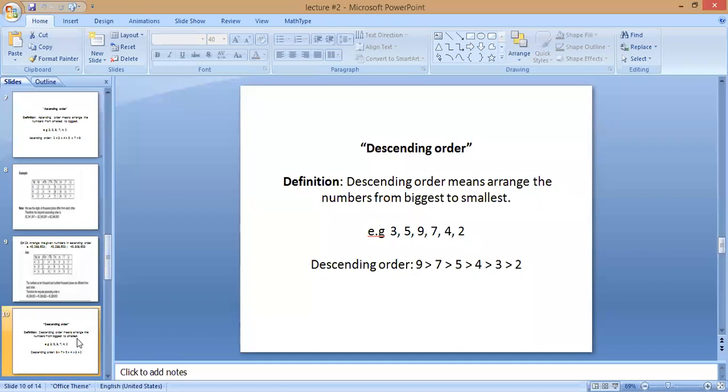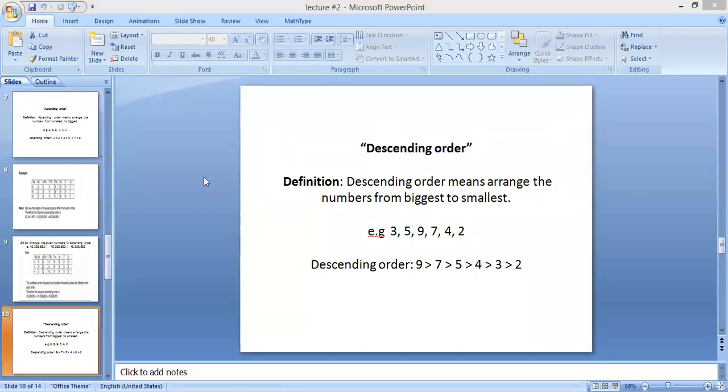Yes, definition of descending order. What is descending order? Descending order means arrange the numbers from biggest to smallest.